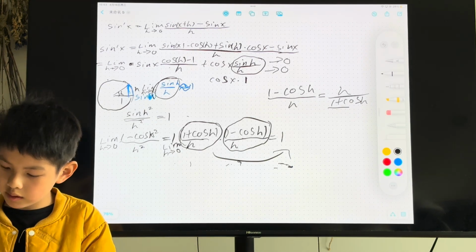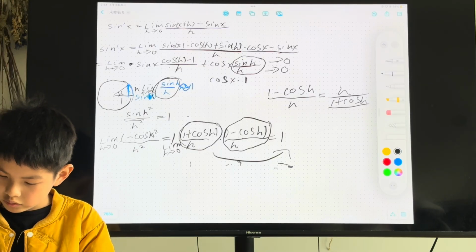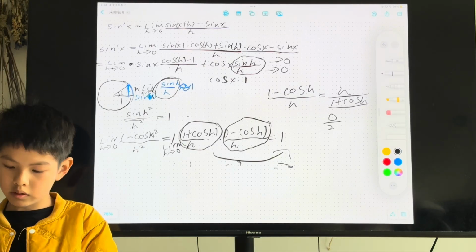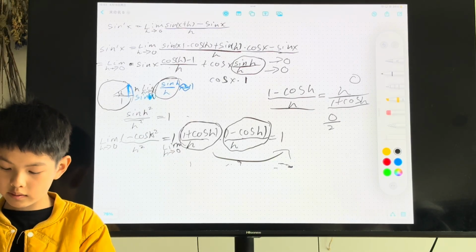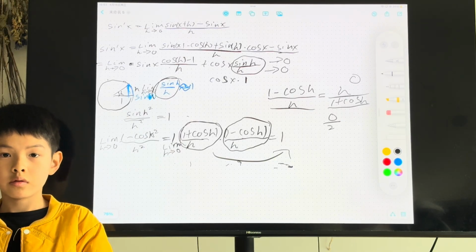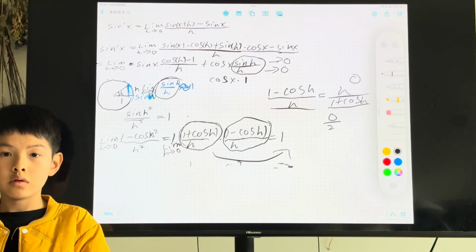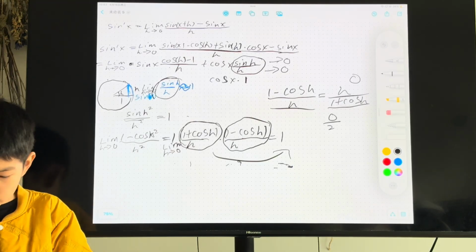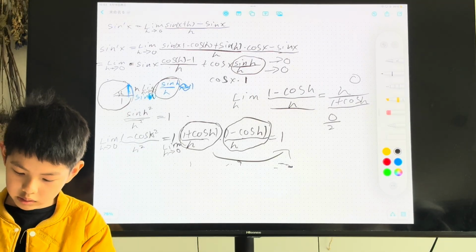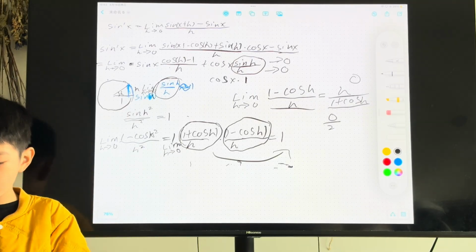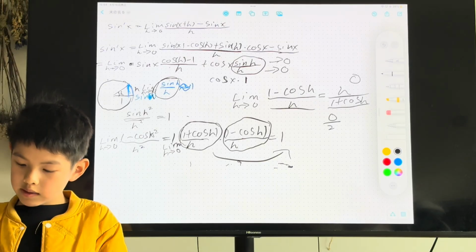And this is just equal to 0. So this side is equal to 0. Now this. It's not equal to 0 as h approaches 0. You need the limit, you should take the limit for both of them. This is equal to 0.